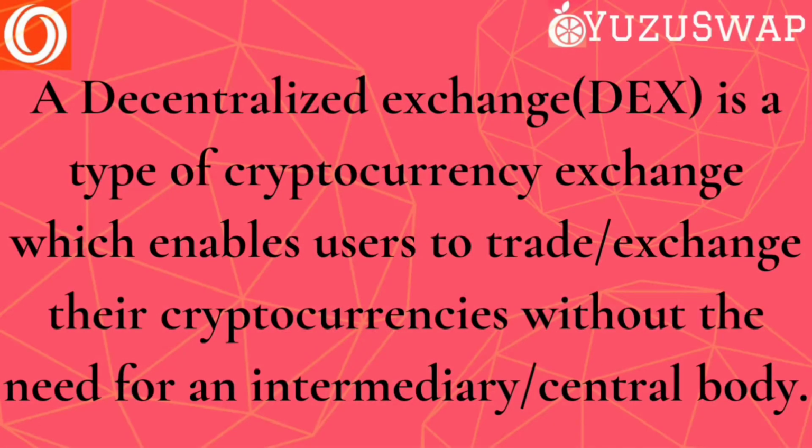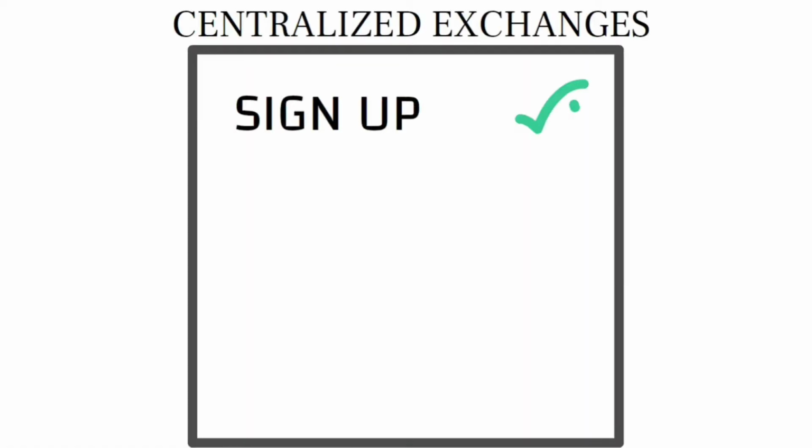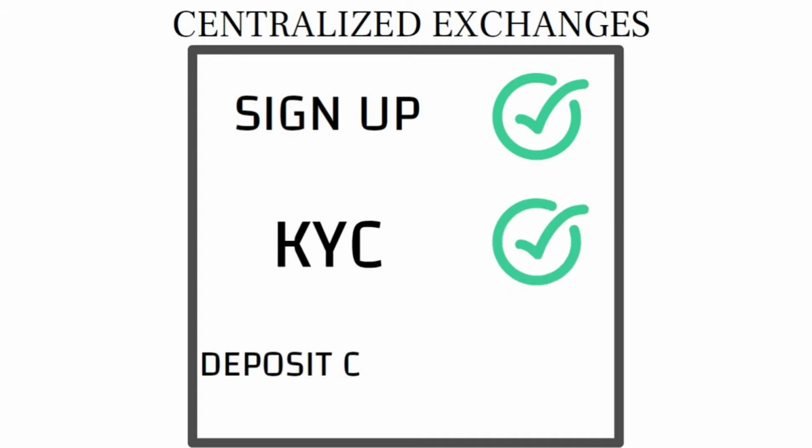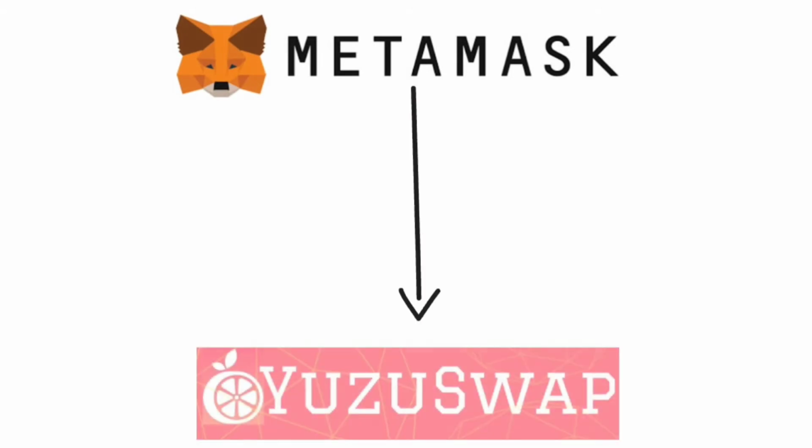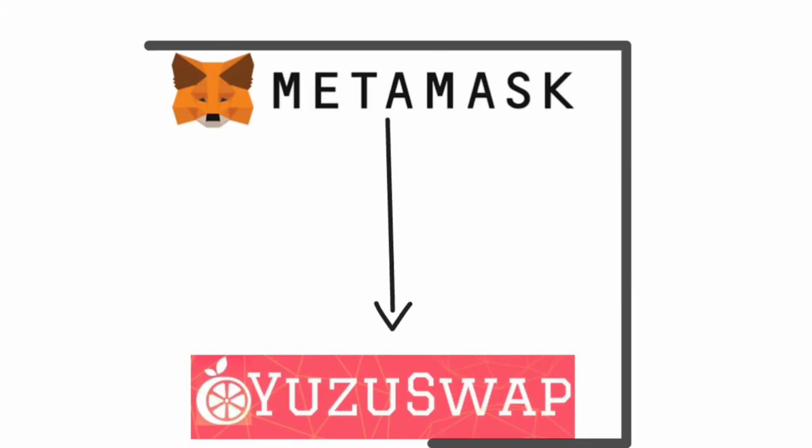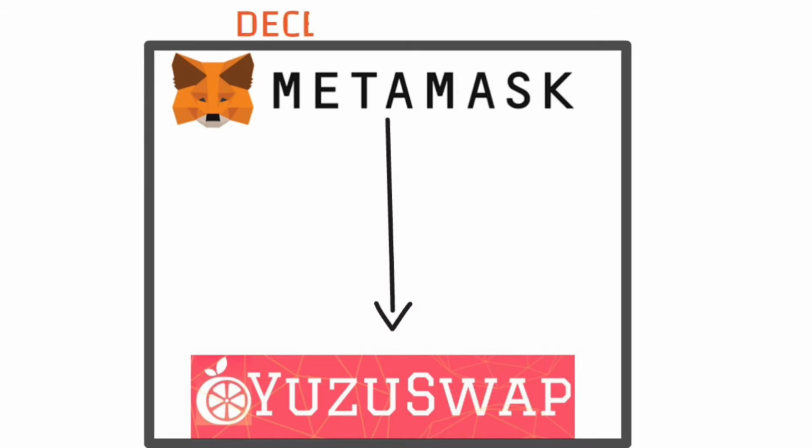A decentralized exchange, which is DEX, is a type of cryptocurrency exchange which enables users to trade or exchange their cryptocurrencies without the need for an intermediary or central body. In contrast to centralized exchanges that require users to sign up, possibly complete KYC and deposit cryptocurrencies before they can trade, decentralized exchanges just require you to connect your decentralized wallet to the platform and you can trade your tokens seamlessly and with low gas fees.